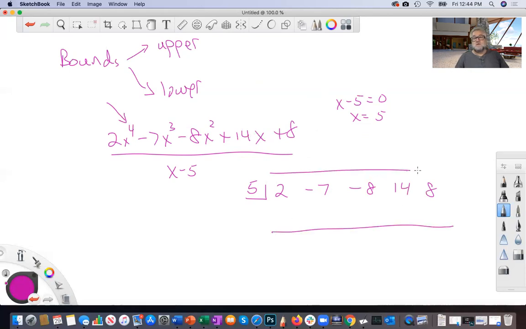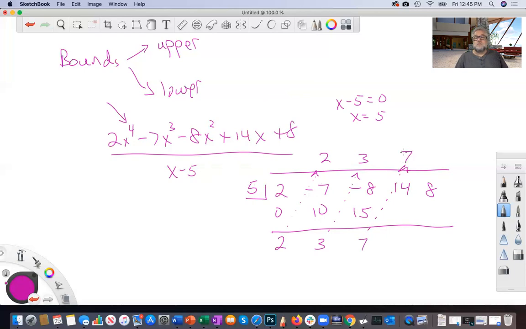Now I know that's a really bad choice, maybe, because you'd think it has to be a factor of this, but maybe it's a 5, there's a 5 and a 2 and an 8. 5 times 10, no, I don't know. Let's see what happens. So bring down the 2, multiply, add, multiply, 3 times 5 is 15, add, I get a 7.